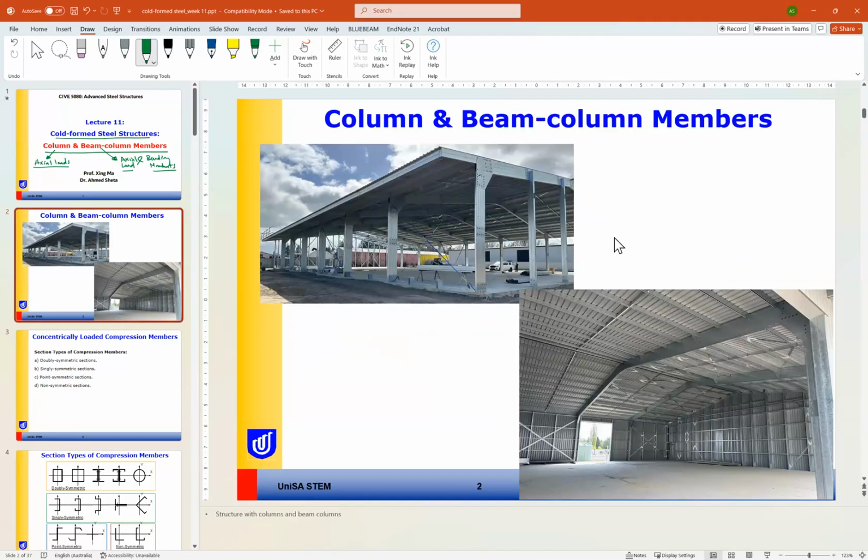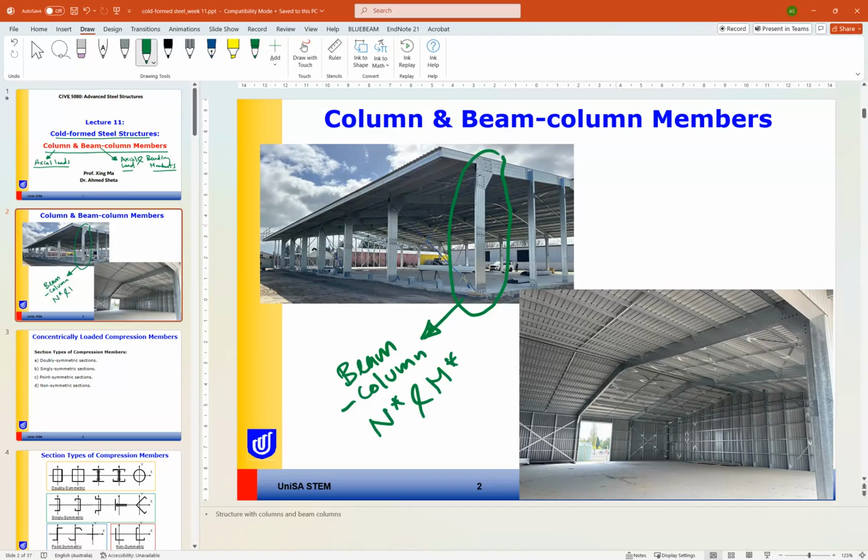And here is some example of the columns we are looking at. As you can see, this building is from cold formed steel, and here is our column of the shed. This one is a beam column member, because this column is under axial load N asterisk and also M asterisk.